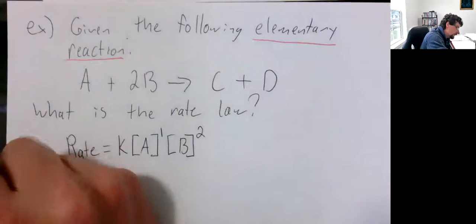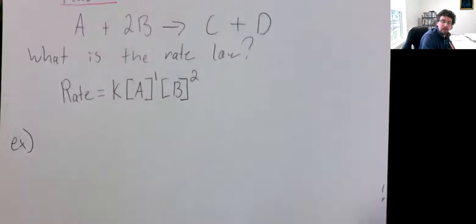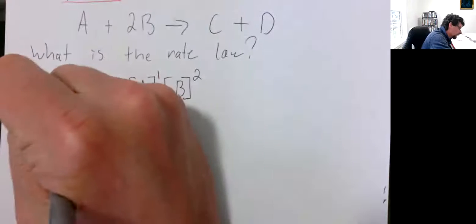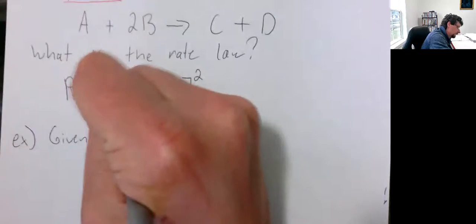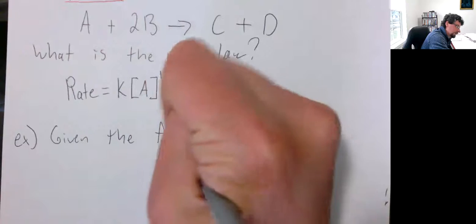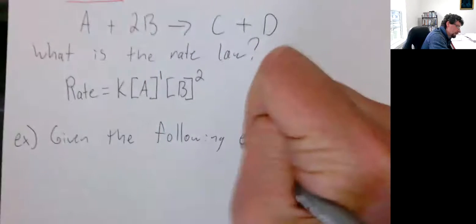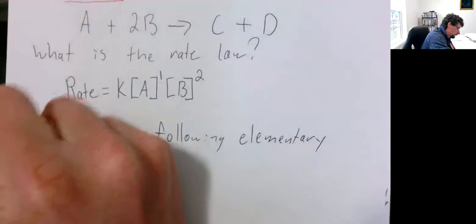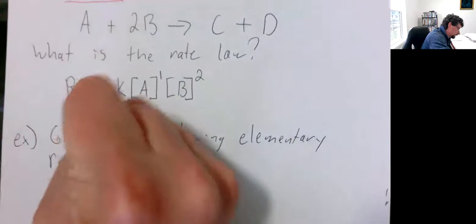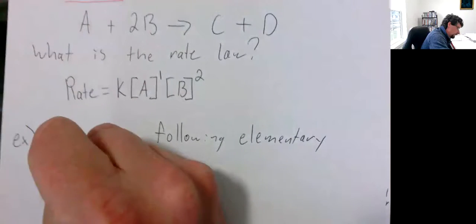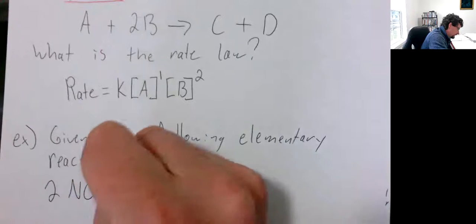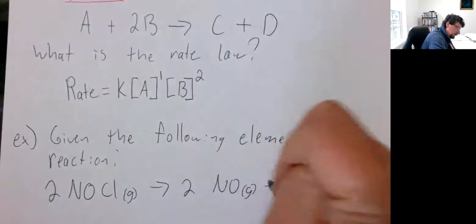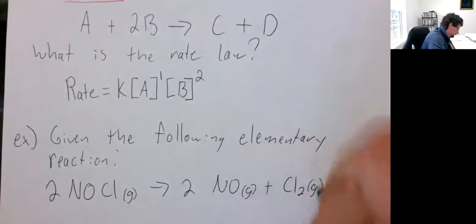Okay, let's look at another more chemical example, one where we actually have chemicals other than generic A and B. So again, given the following elementary reaction, we have 2 NOCl gas decomposes into NO and Cl2 gas.